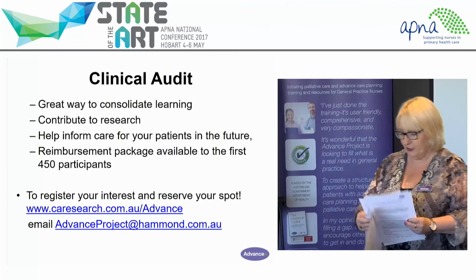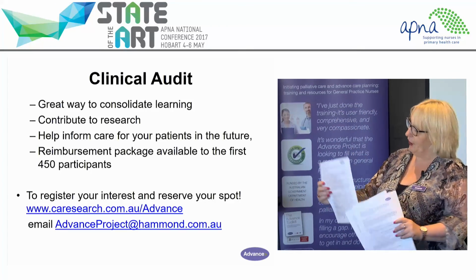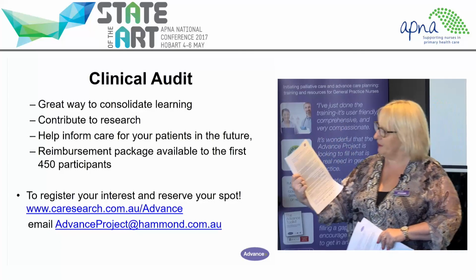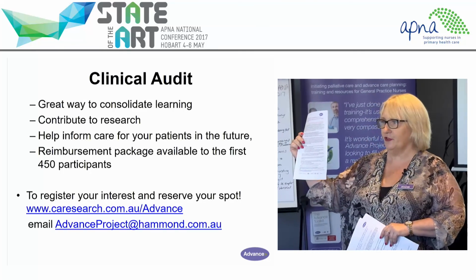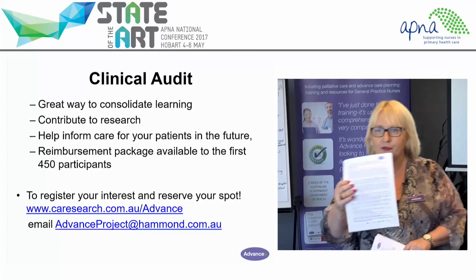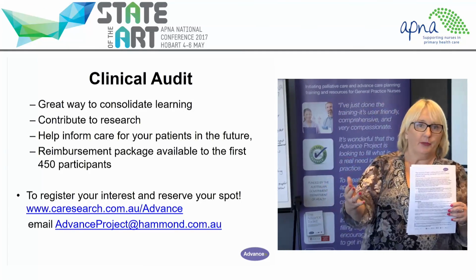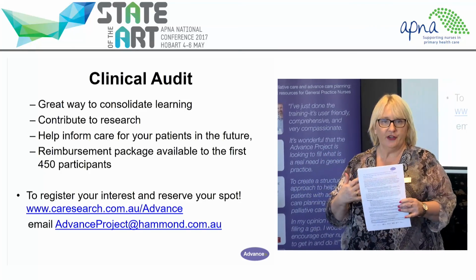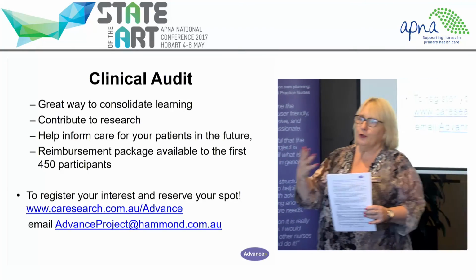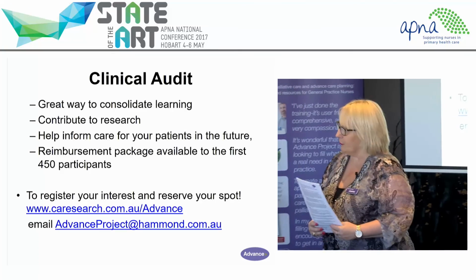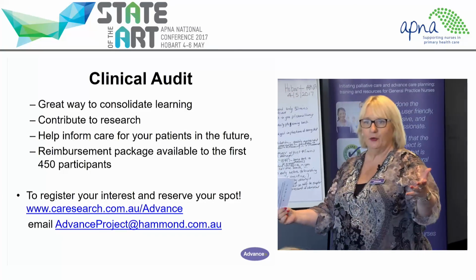There's also an information sheet for you to know what we'd like you to do. It's the clinical audit information sheet for general practice nurses. That tells you about whether you would be able to use it on some patients and feed back to us the de-identified data about it. We would like to reimburse you for your time, because we know it will be your time.